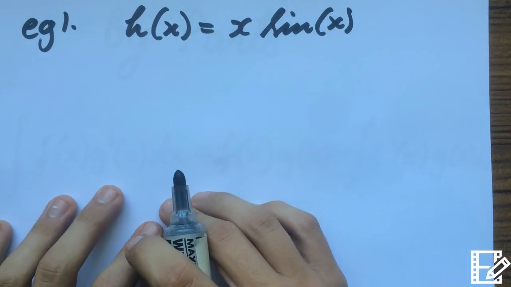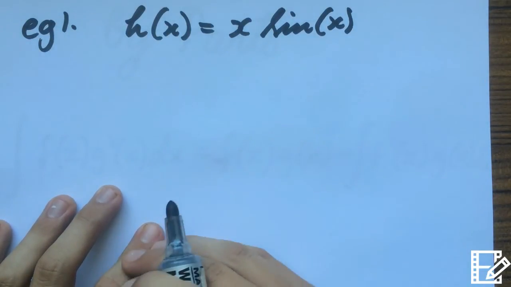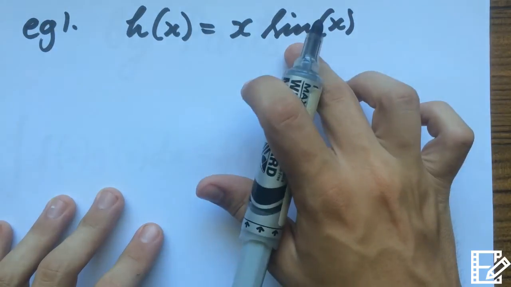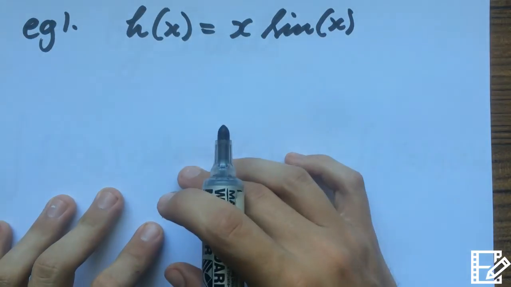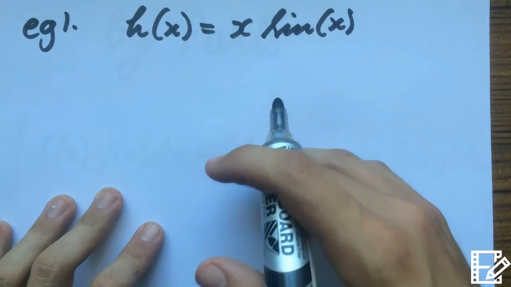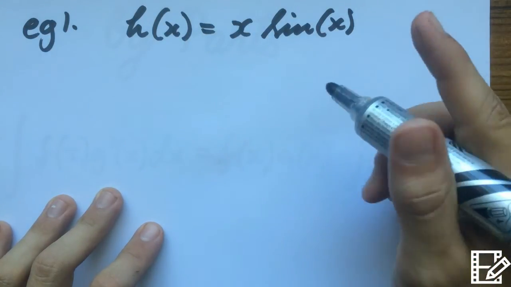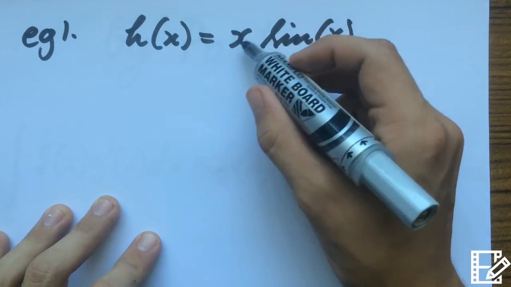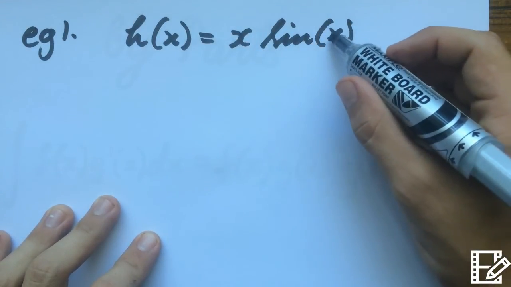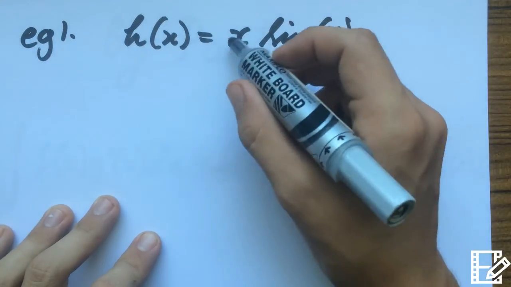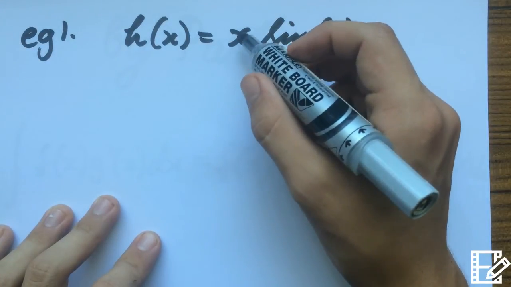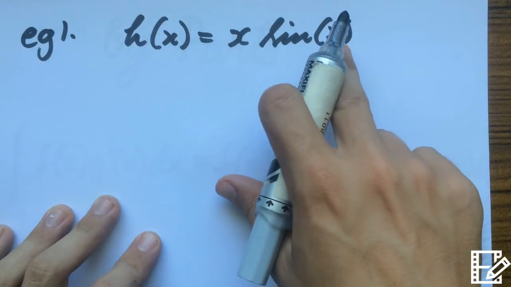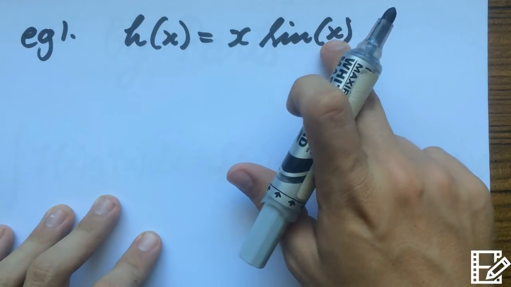When you're deciding if you want to use by parts or not, first you've got to ask, is it a function times a function? Yes. Second, can I use substitution? No, you can't, because substitution implies that the derivative of the inside will equal something along these lines, but the derivative of x is 1, so you won't be able to get rid of this x with the derivative of the inside of sine.